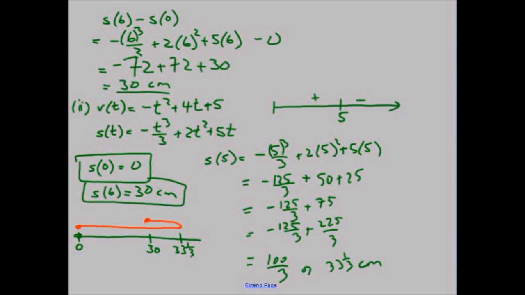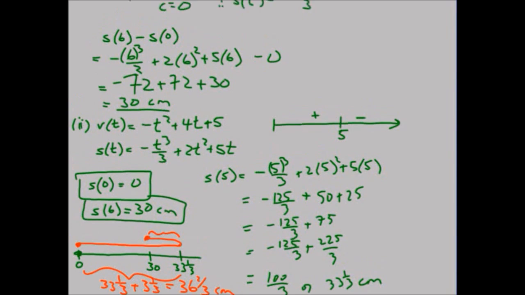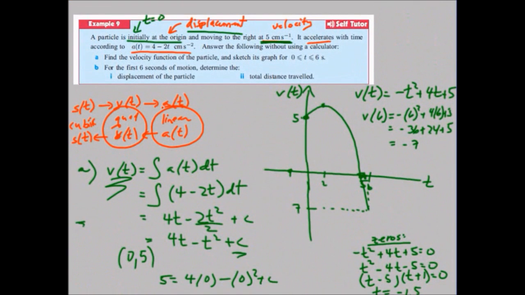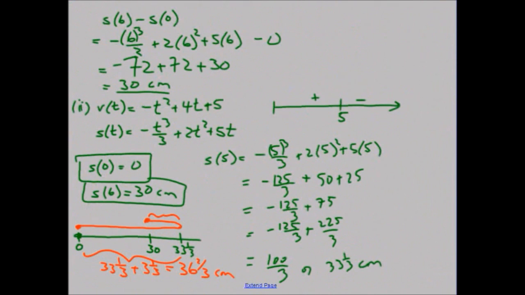Okay. So this is our first leg of the journey, 33 1/3. Second leg of the journey is 3 1/3. So the total is 36 2/3 centimeters. Whew. A lot of work that is. Okay, have we answered the full question? Find the displacement, total distance traveled, yes.